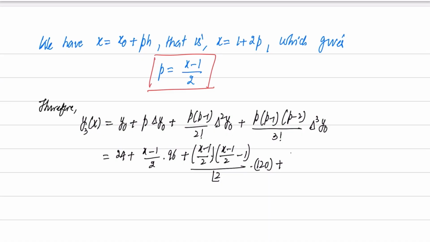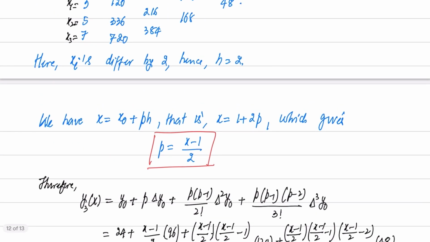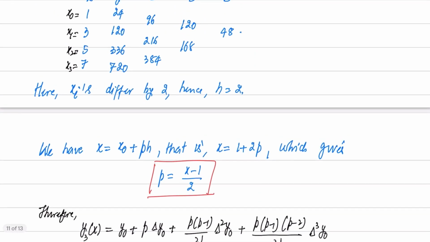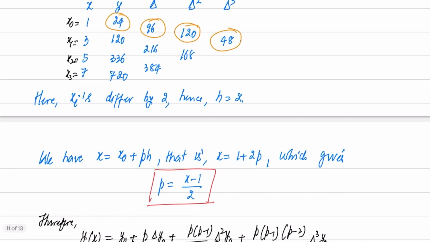Then plus similarly p, that is x minus 1 by 2, into p minus 1, into p minus 2, whole divided by 3 factorial into delta cube y0, and delta cube y0 is 48. Now here we can notice that we have used the values 24, 96, 120 and 48 only. But in order to evaluate these values, we have to compute all the values below them also.